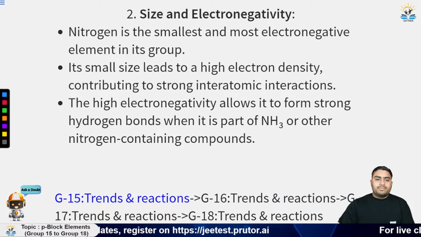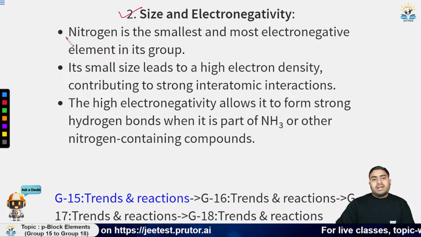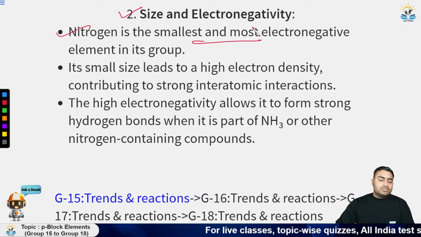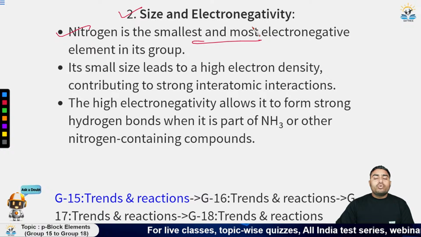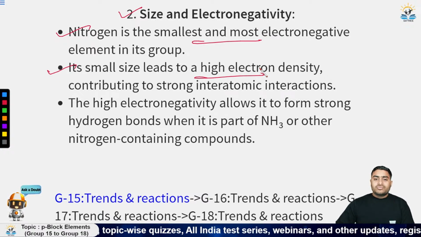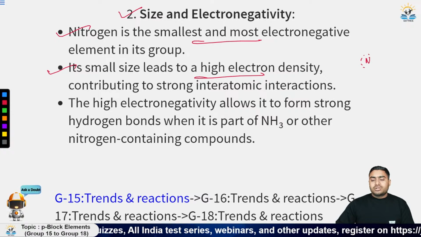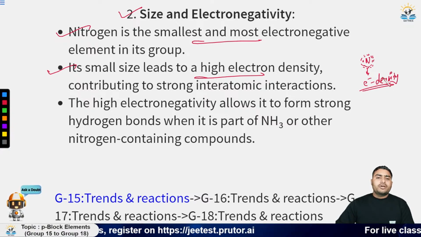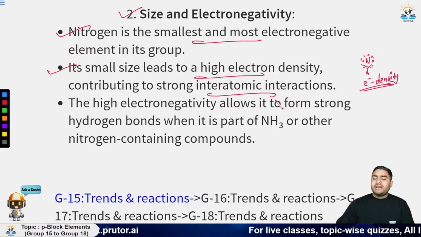Let's move to the second point, size and electronegativity. Nitrogen is the smallest and most electronegative element in its group. Its small size leads to a high electron density. Size is small, so around the nitrogen atom the electron density is high, contributing to strong interatomic interactions.